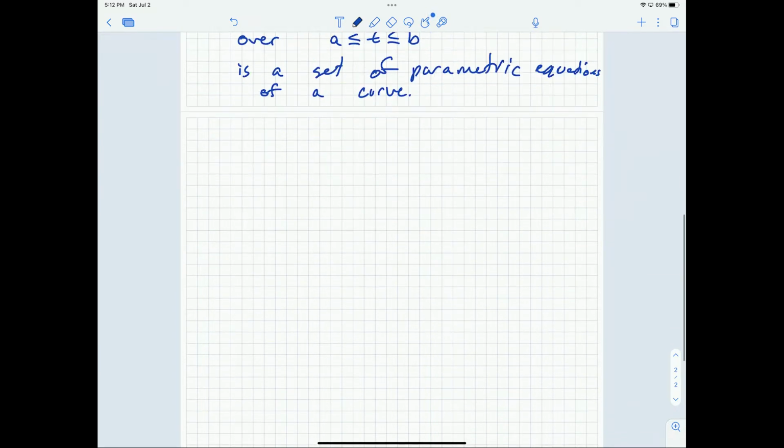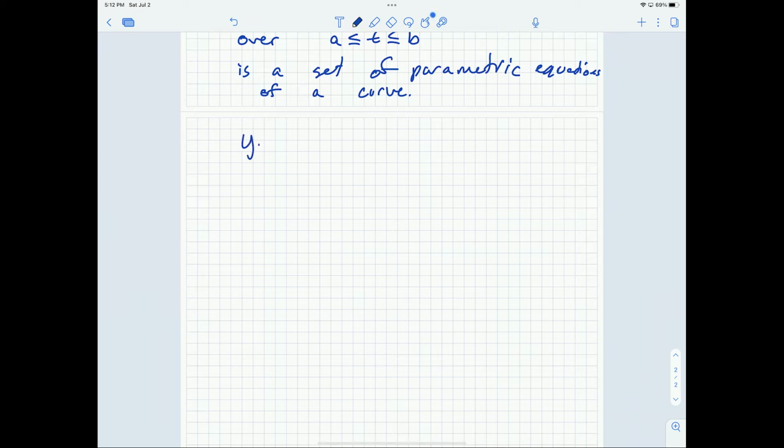Now, if you think back to Calculus 2, something that some of you will have learned and some of you probably didn't was some basic parametric equations for things like circles.